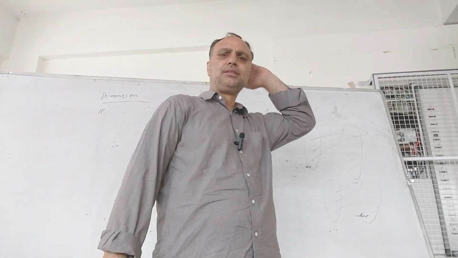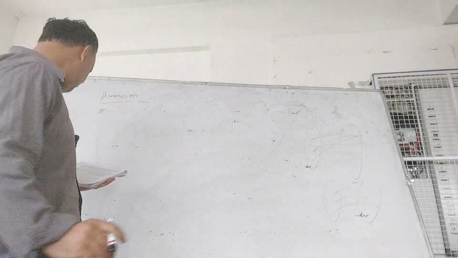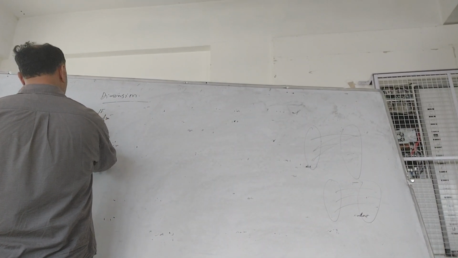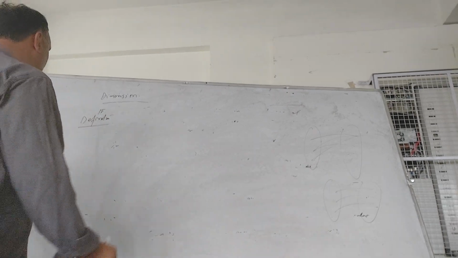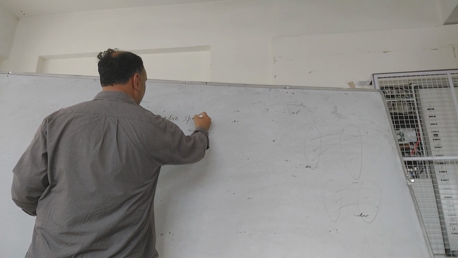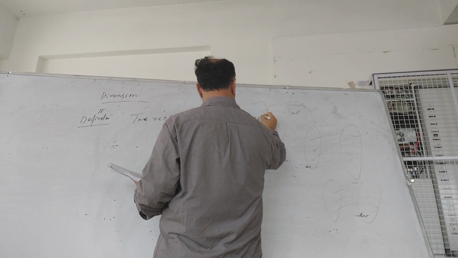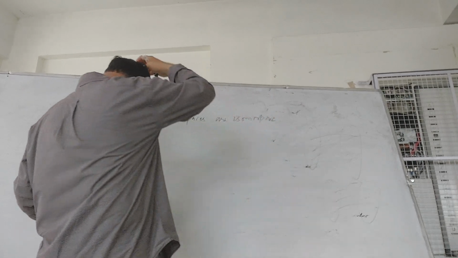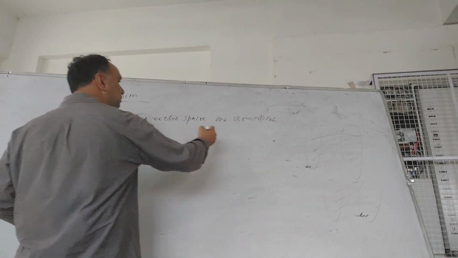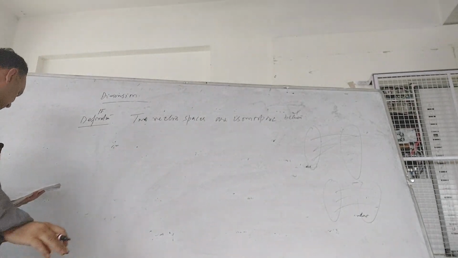The definition is: two vector spaces over the same field are isomorphic if there is a one-to-one correspondence between vectors x of U, and we have to define isomorphism between them.